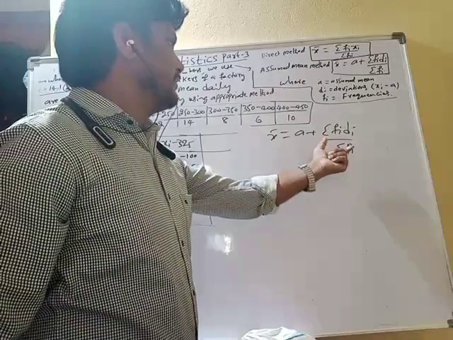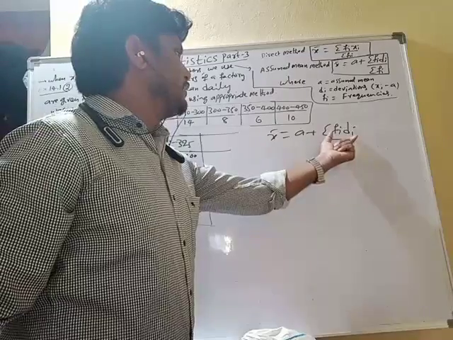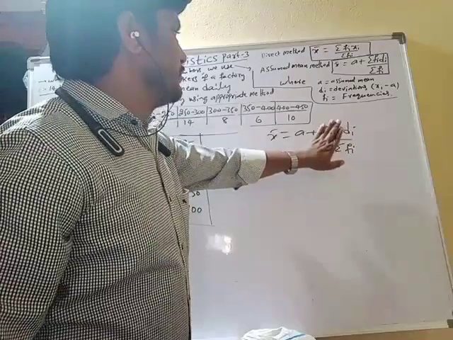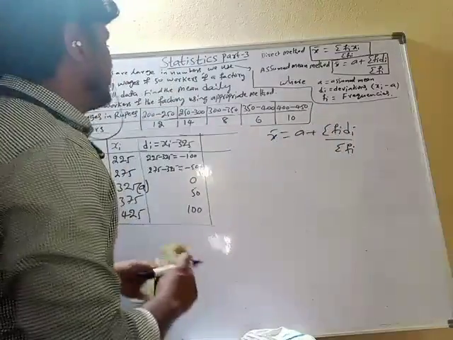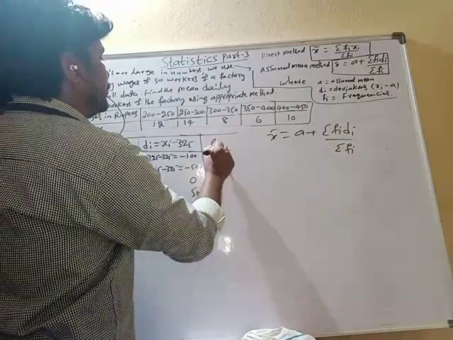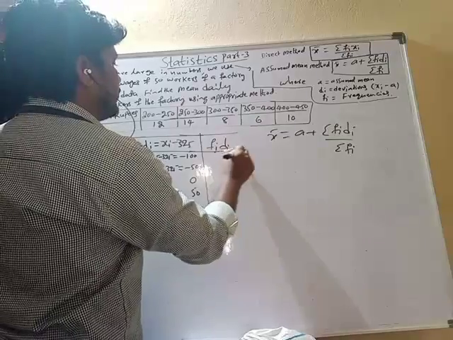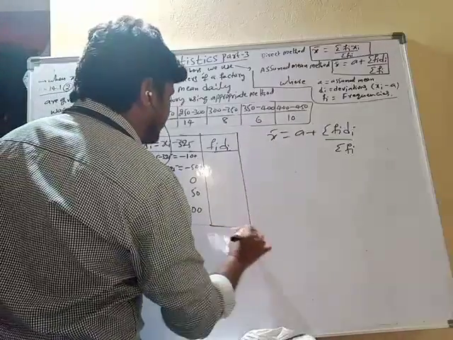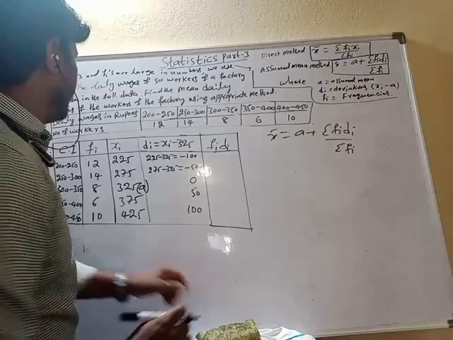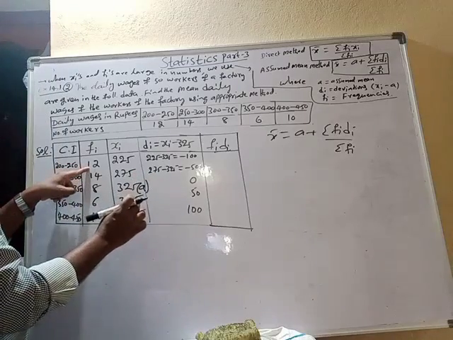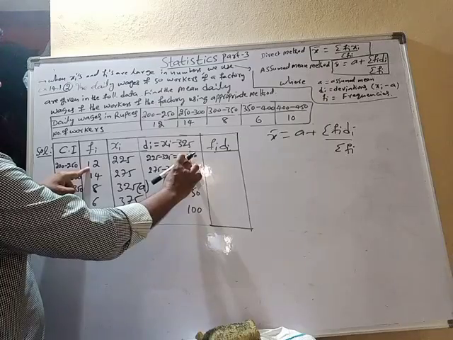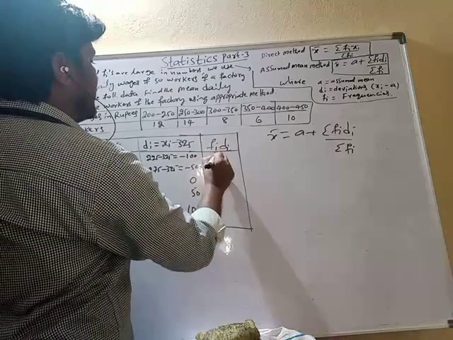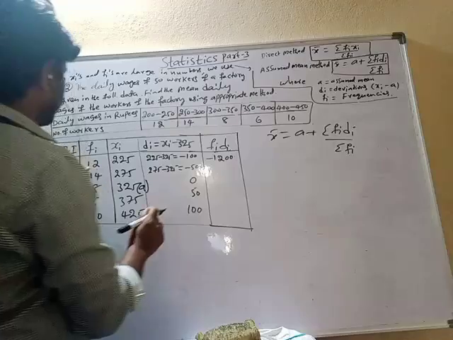In the formula, summation fi into di is there. Before calculating the summation, you have to calculate fi into di. Here fi is 12 and di is minus 100, so 12 into minus 100 is minus 1200.